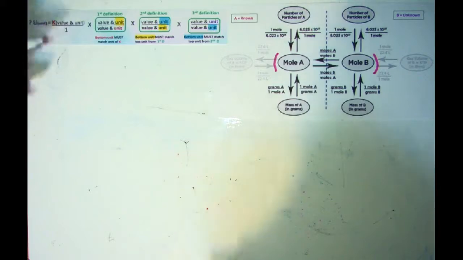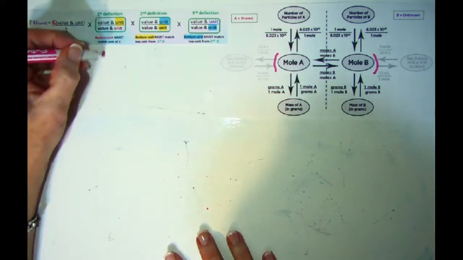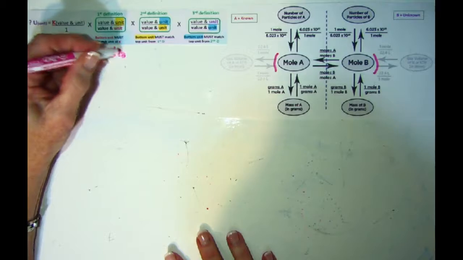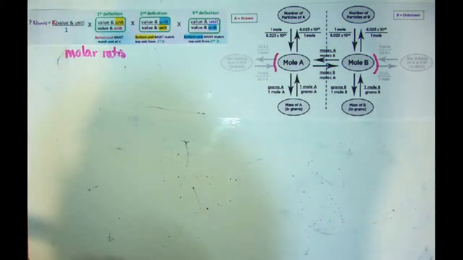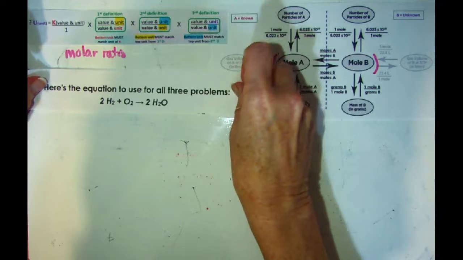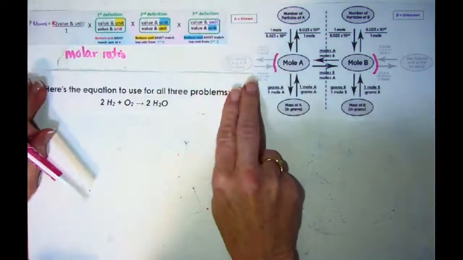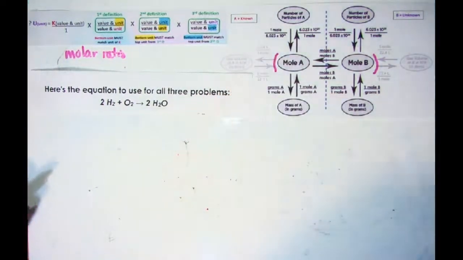Remember, we get molar ratios from chemical equations. This is the chemical equation we're going to use for all 3 of the problems: hydrogen plus oxygen, 2 hydrogens to 1 oxygen gives us 2 waters.